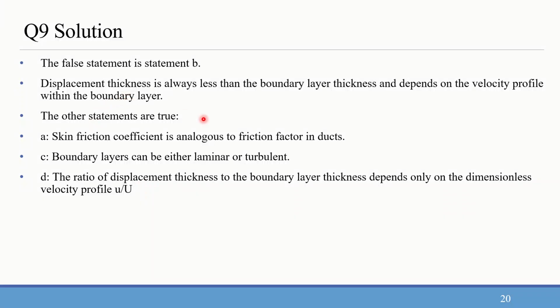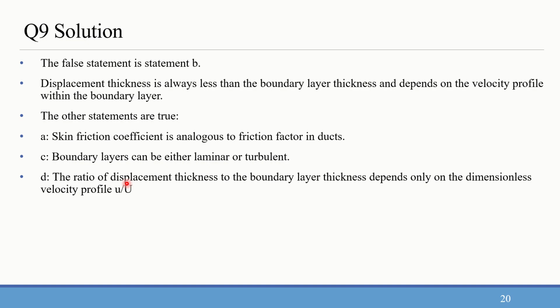So the second statement is actually contradicting statement D. From that itself we can identify one of them as wrong. Because in statement D the ratio of displacement thickness to the boundary layer thickness depends on the dimensionless profile u by U, whereas in statement B it was given that both are the same.